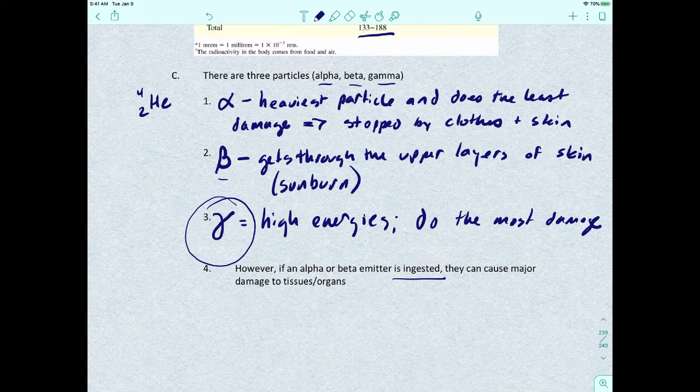That's one of the concerns people have about terrorists using a dirty bomb, where you have radioactive iodine being absorbed, because we have to eat and drink water, and getting that radioactive isotope inside your body is where it's going to do the most amount of damage.